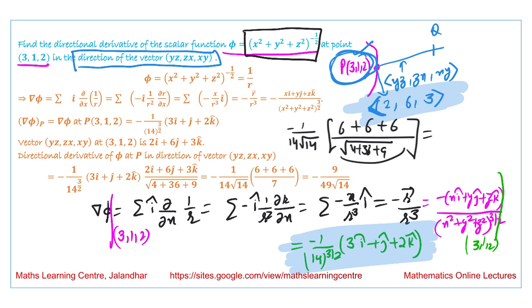So the answer for this is 7. So we get minus 9 by 49 root 14. So this is the value of the directional derivative of this function in the direction of this vector.